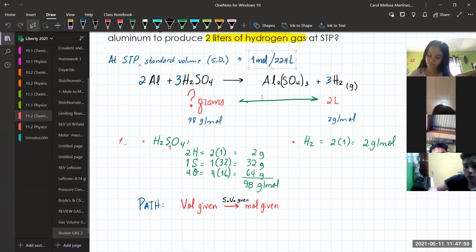From this, I can continue. I have moles given and I need to know my number of moles unknown. So for that, moles given related to moles unknown, we use the molar ratio.